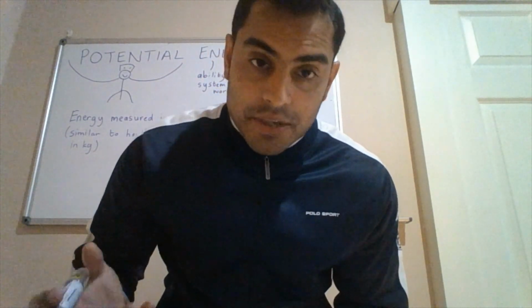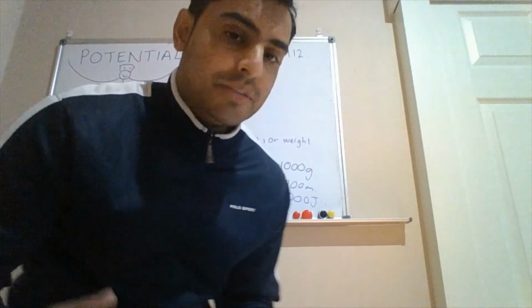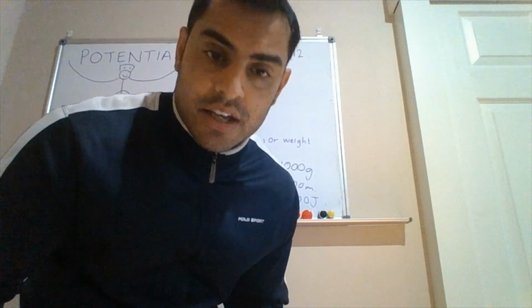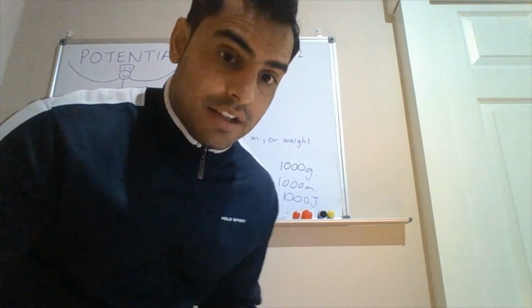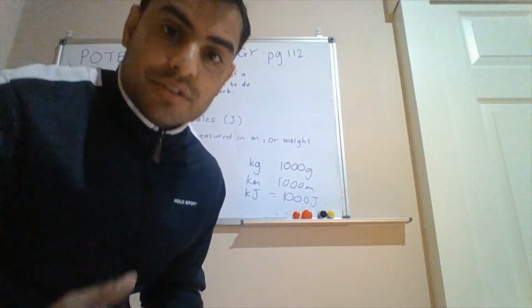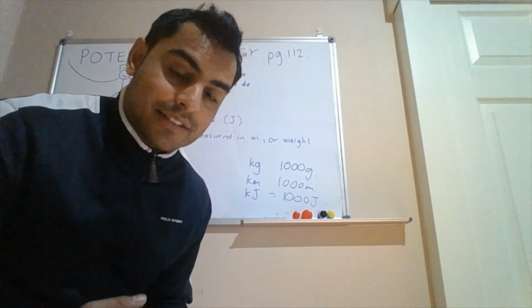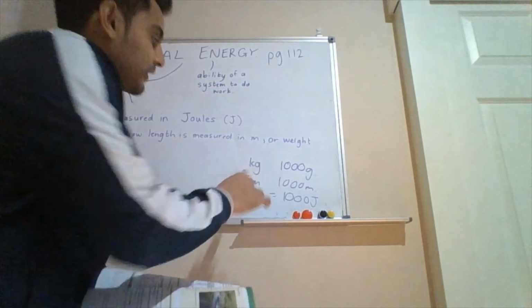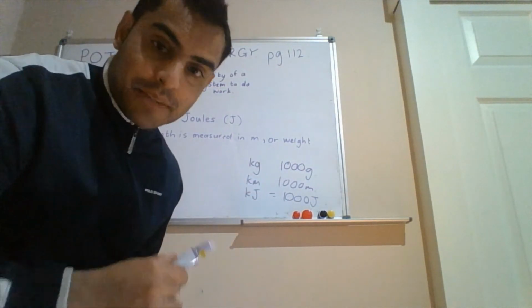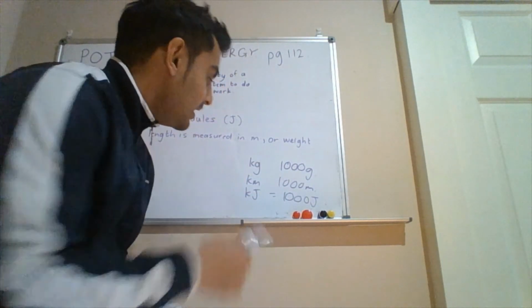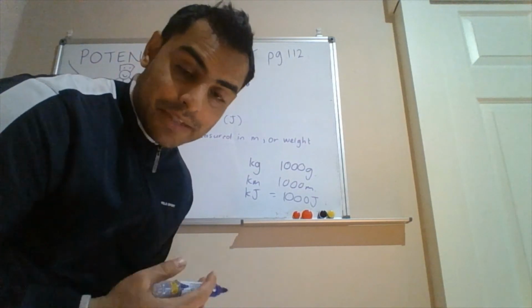So let's just talk about that really quickly. We spoke about joules, but what is this story now about the kilojoule? Whenever you see the word kilo, it means 1,000. So for example, kilogram means 1,000 grams. Kilometer is 1,000 meters.